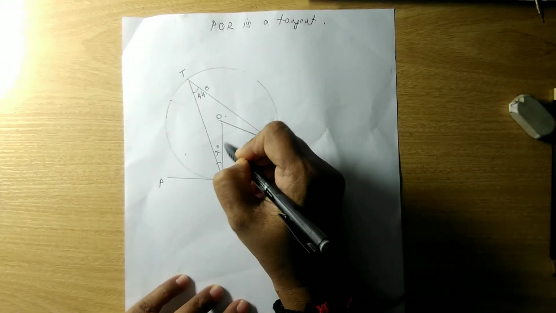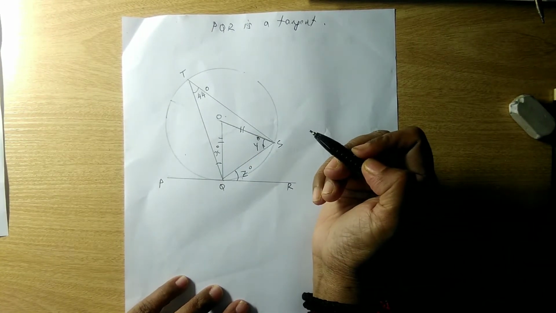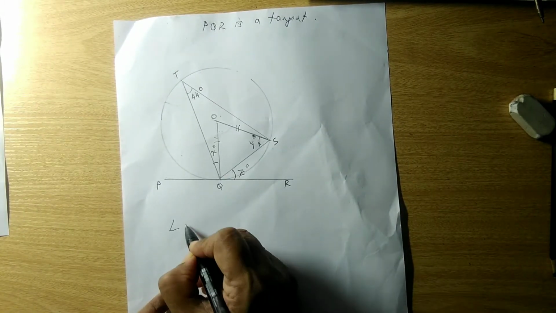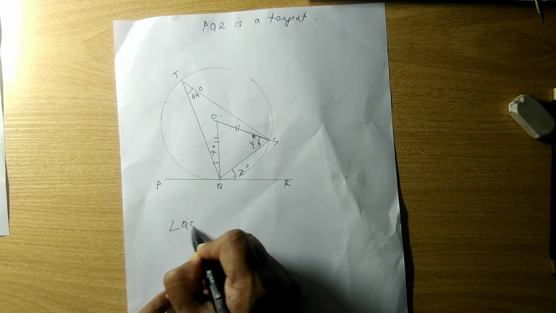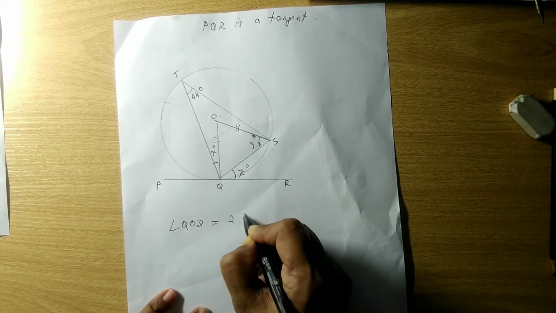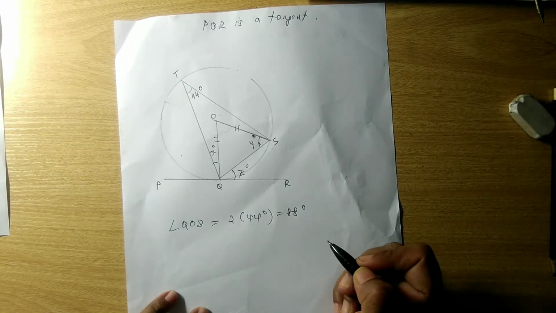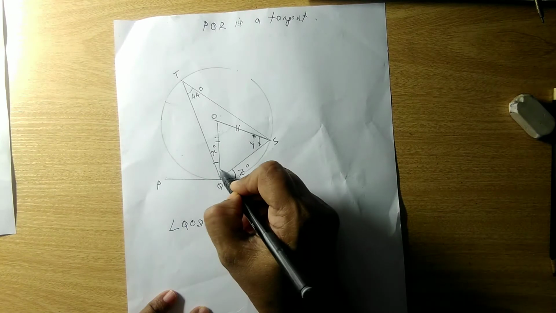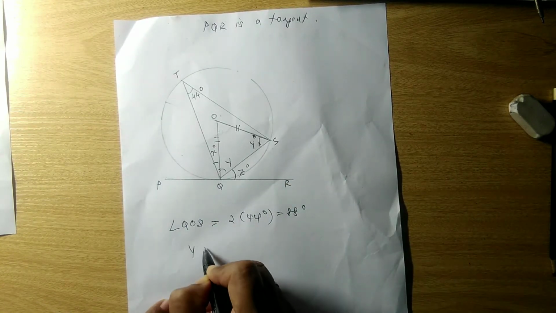If this and this are considered radius, my angle here, this is QOS, this angle will be 2 times 44 degrees, which gives me 88 degrees. Now if this is y, this being isosceles means this is also y degrees.